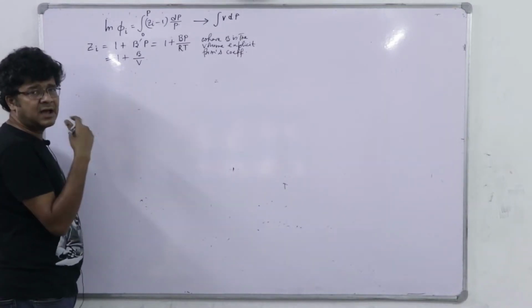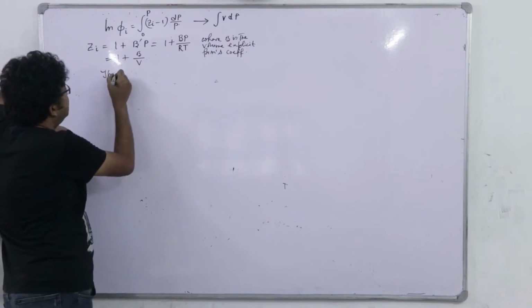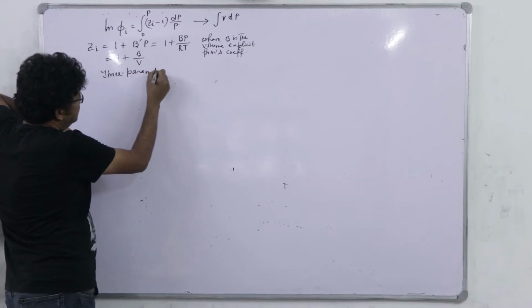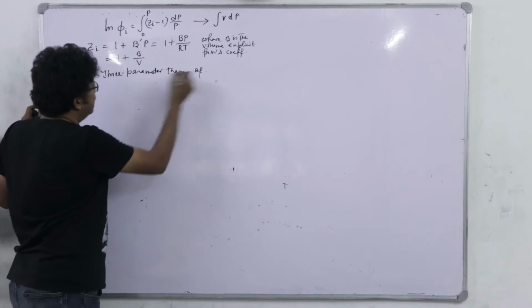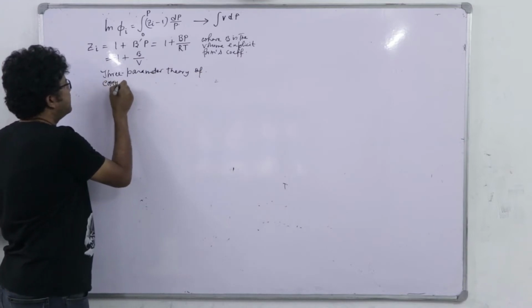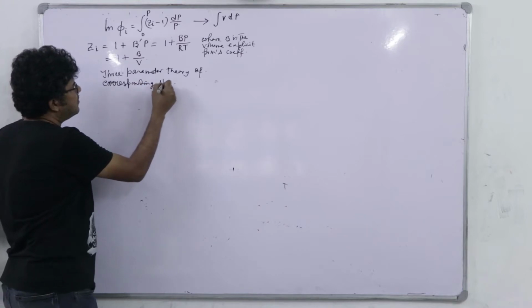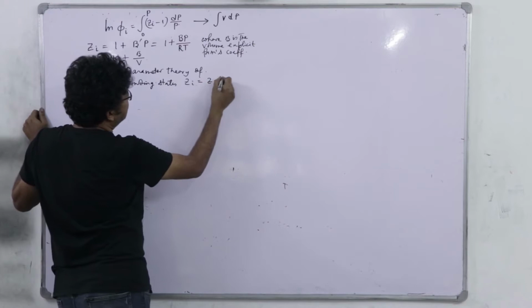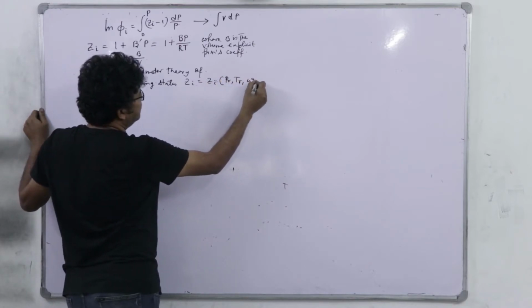We will discuss later the dependence of Z. We have the three parameter theory of corresponding states, which states that Zi is a function of reduced pressure, reduced temperature and eccentric factor.